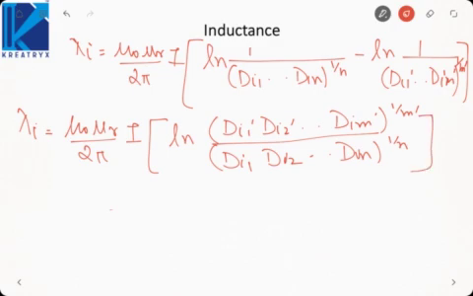So this will be the flux linkage. Now to find the inductance, we have to divide lambda I by I. Current in each conductor is I by n.